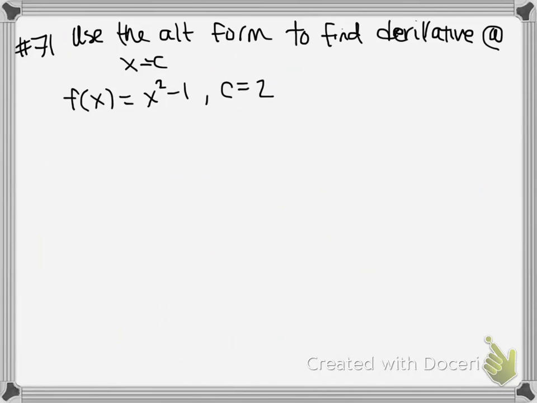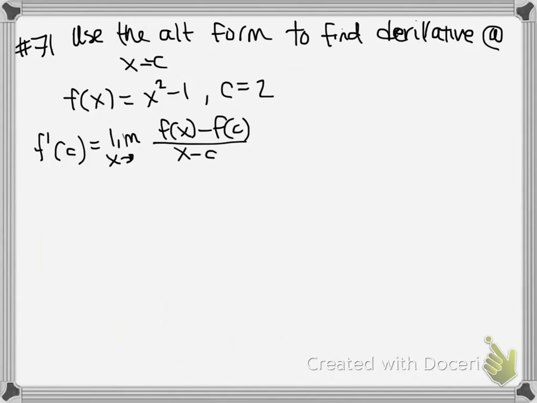It says number 71, use the alternative form of a derivative to find the derivative at x equals c. So I'm going to use f prime of c, that's my alternative form, the limit of f of x minus f of c all over x minus c as x approaches c. That's the formula I'm using. So I'm going to find the derivative at 2, since they tell me that c equals 2.